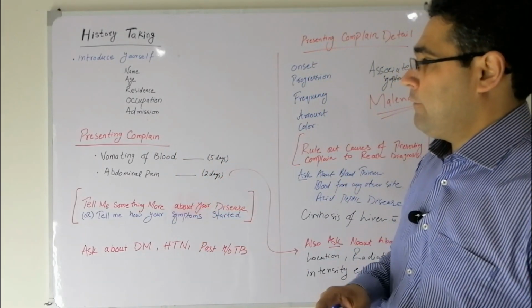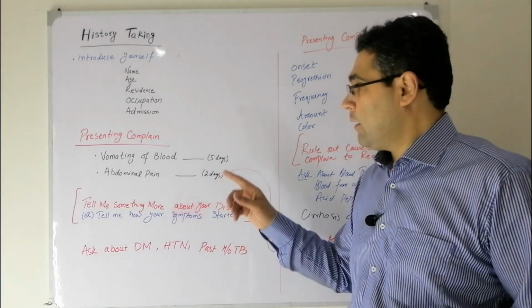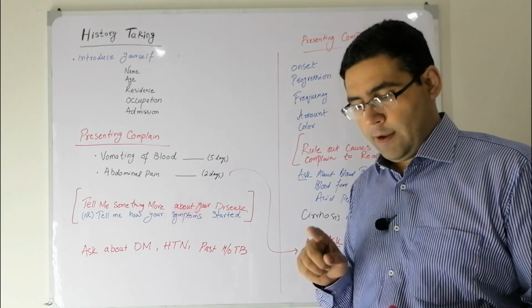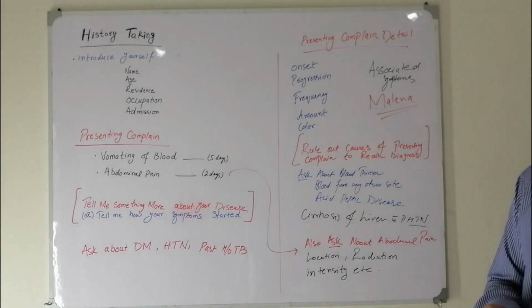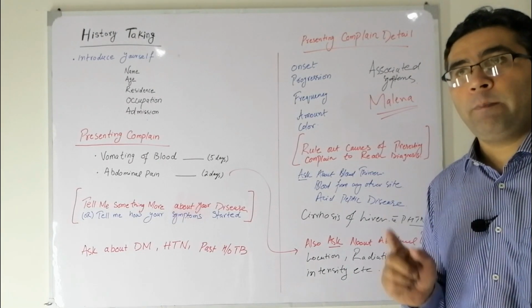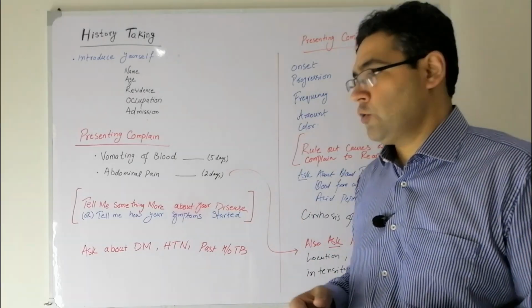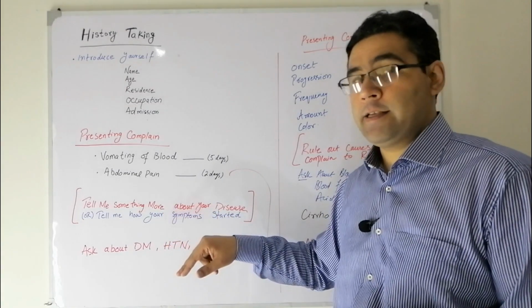For example, if the patient has vomiting of blood, then you will ask the onset and frequency, amount, color and its contents. Then you will try to make the differential diagnosis, because the patient has given you some clue that the patient had chronic liver disease.